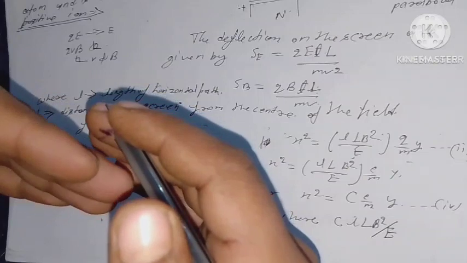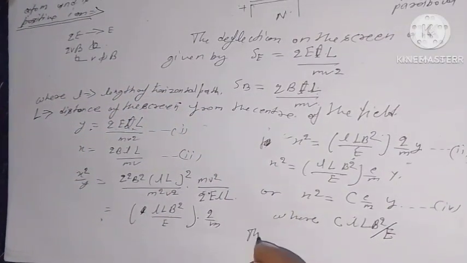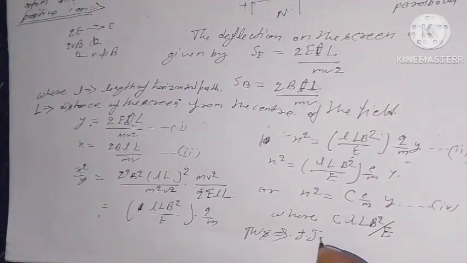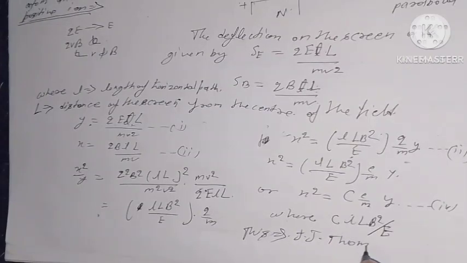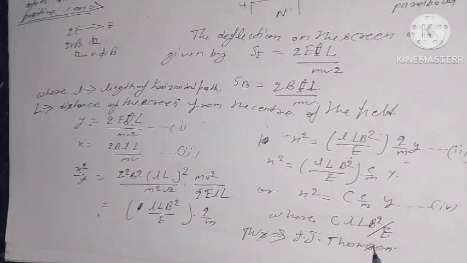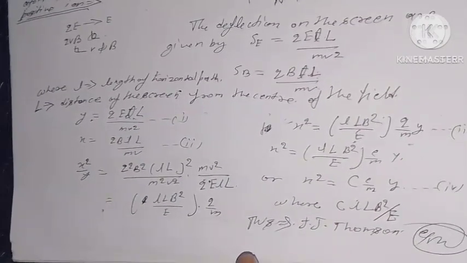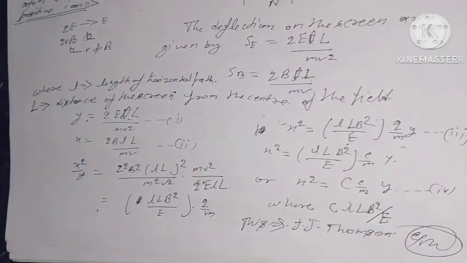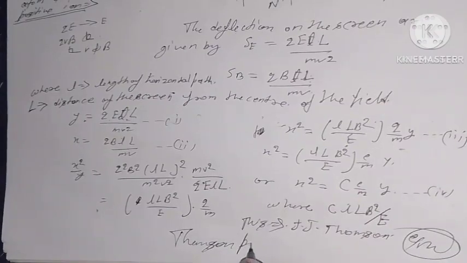This principle was used by J.J. Thomson, and he determined e/m by using his very famous Thomson parabola method.